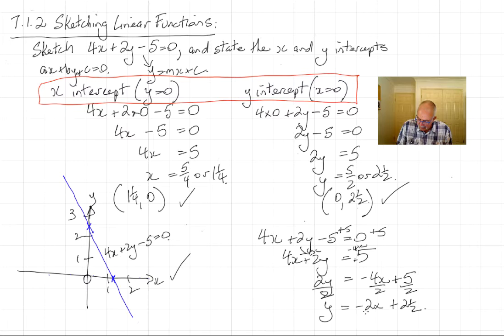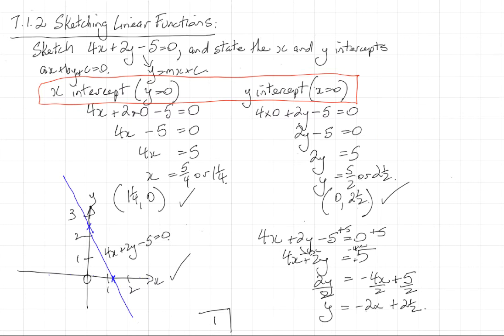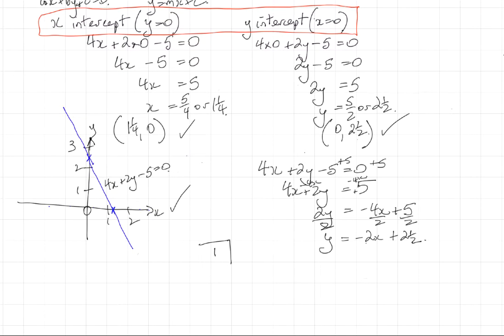It says that for every 1 across, the graph is not going to rise. This negative in front here says that the graph drops by 2. Let's move that up a bit, or we'll move everything down a bit. So minus 2 as a gradient equals negative 2 on 1.